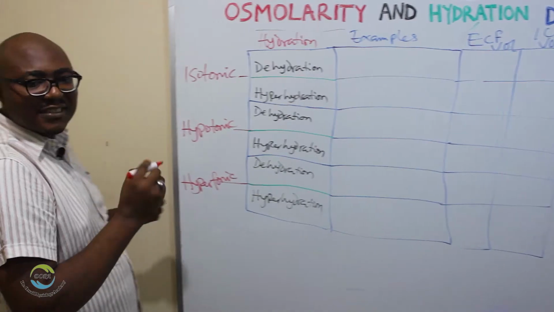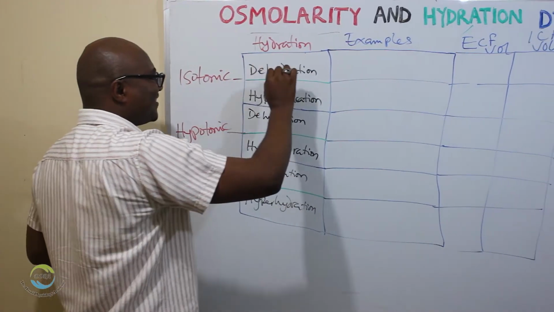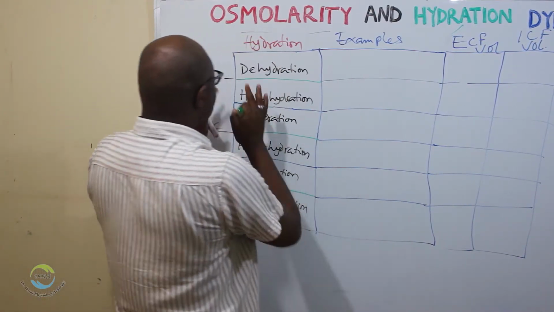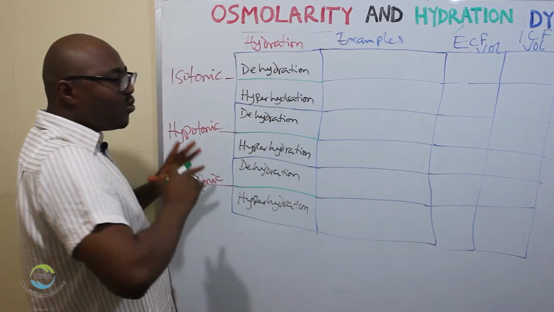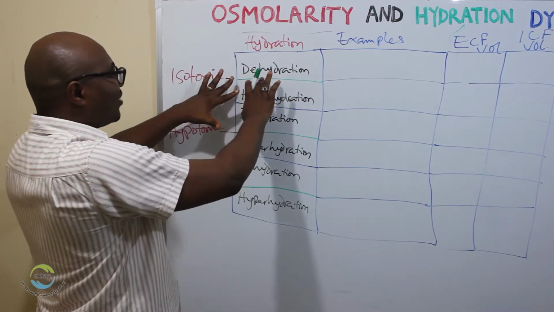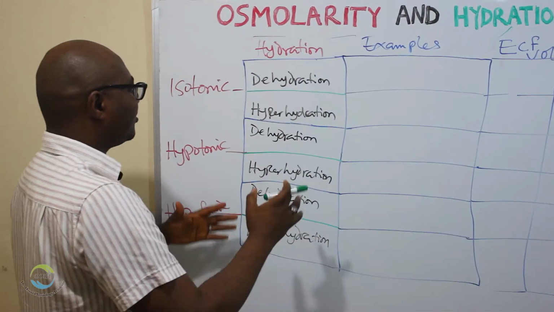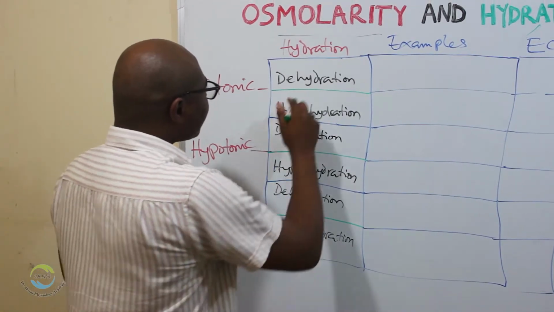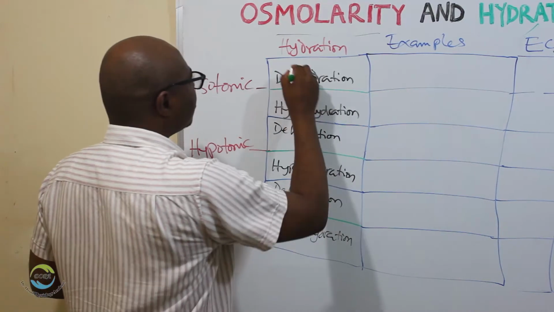This is, let's start from the beginning. Isotonic dehydration. What do you think happens in isotonic dehydration? It means that you are losing, whenever we're talking about dehydration, loss, hyperhydration, addition. Okay? So, isotonic dehydration means loss.